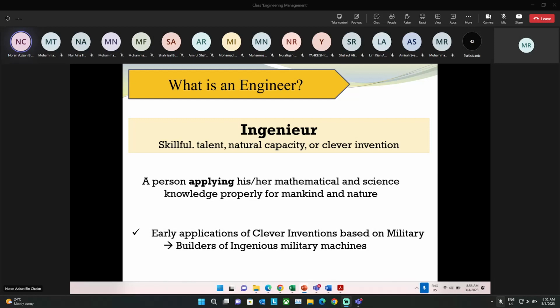Our engineer basically applies mathematics and applies science. So that's why the keyword there is black box. You know what's the input, what's the output, know a bit about the mathematical equation and the science behind it. That's enough. We just apply, use the components and develop the system. Okay, so that's the engineer lah.